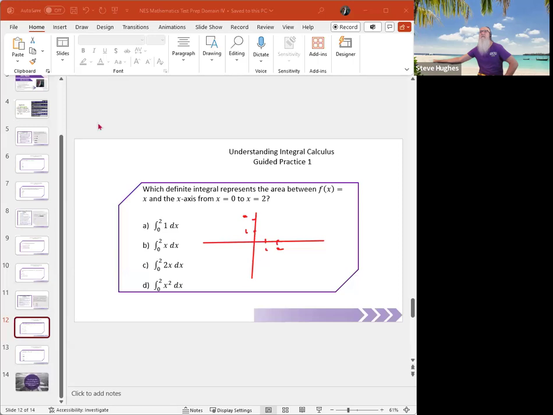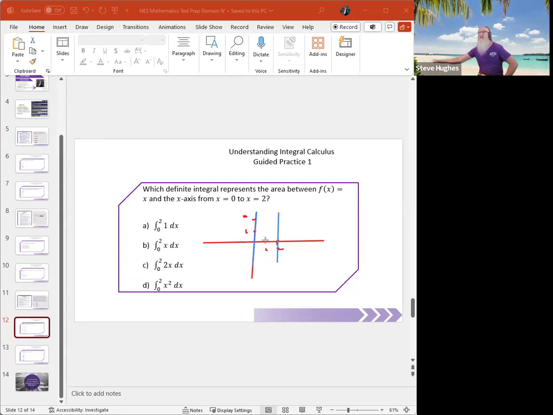Let's change colors. X equals 2 is here. X equals 0 is here, right? And our function is f of x equals x, and it's between the x-axis and that.